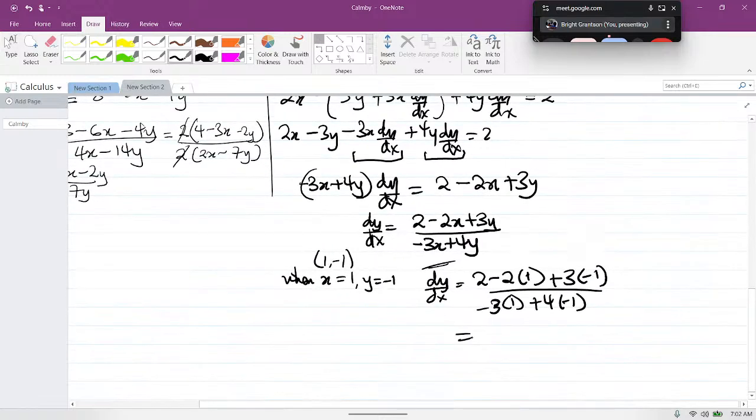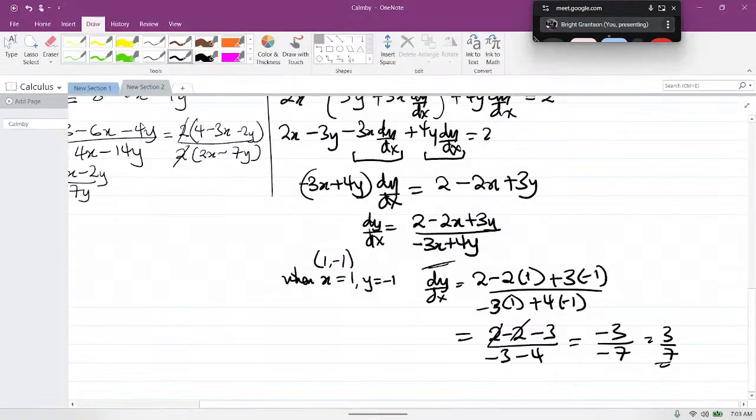The rest is calculator. 2 minus 2 minus 3, 3 minus 4. Yes, 3 over 7.